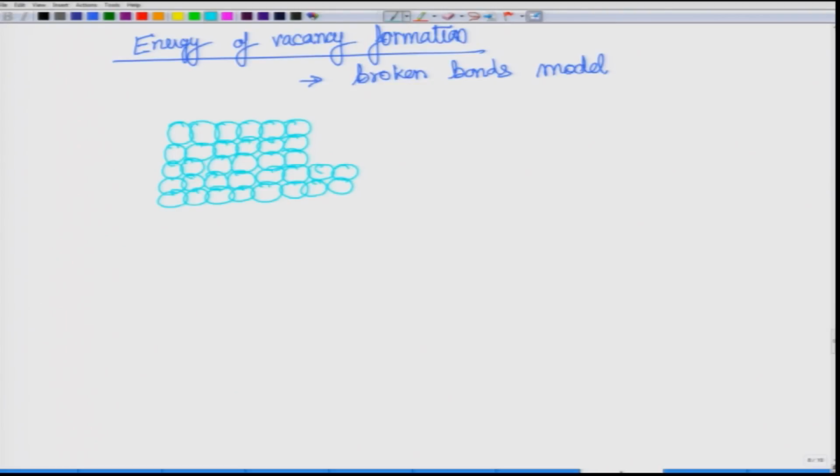And it need not always be a perfect flat system, there would always be some atomic level hills and valleys. So, that is why I have drawn something like this. Now, let us say I take one atom from here, like this atom, and move it over this place. So, this atom comes to this place and this place becomes vacant. So, this is a method of conceptual generation of vacancy. So, vacancy has been generated.